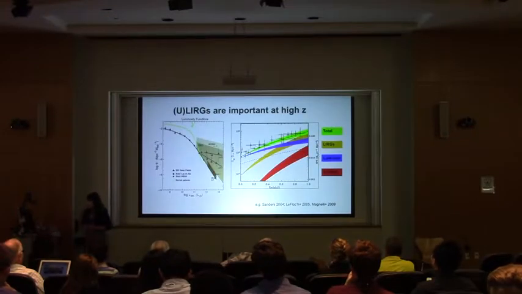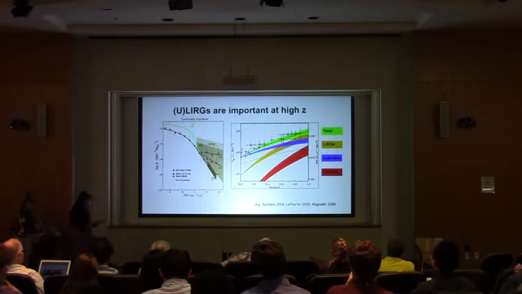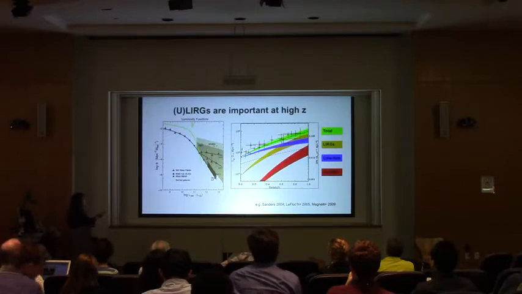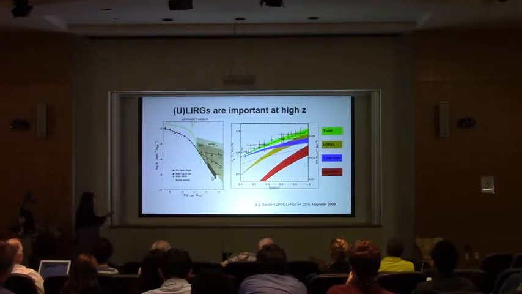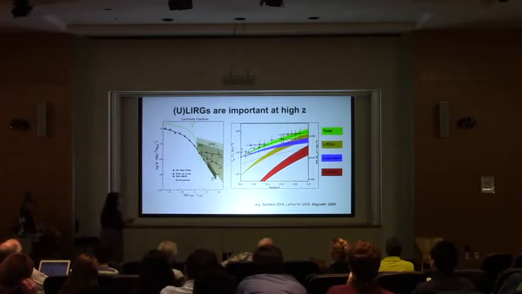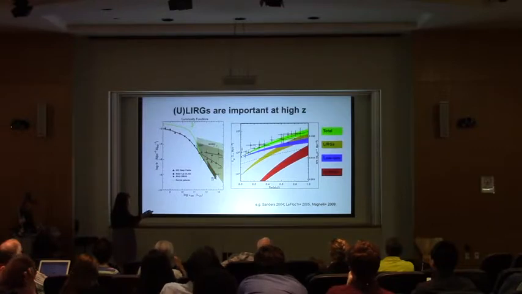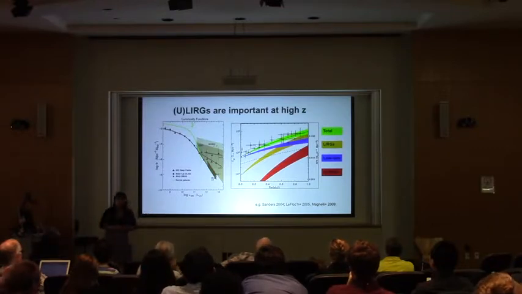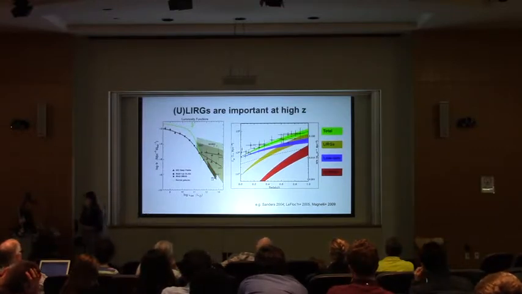Now, these objects play an important role in the high-redshift universe. You can see from the IRAS data, and since then the ISO and SCUBA data, that the luminosity function beyond an infrared luminosity of 10^11 L_sun has an upturn with redshift. Spitzer surveys later on also showed that these LIRGs begin to dominate the star formation rate beyond a redshift of 0.7.